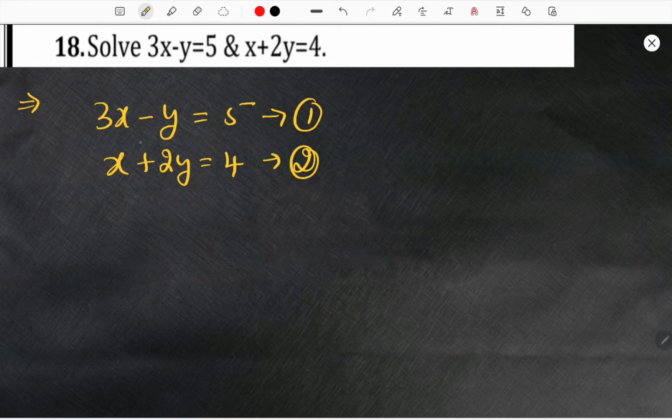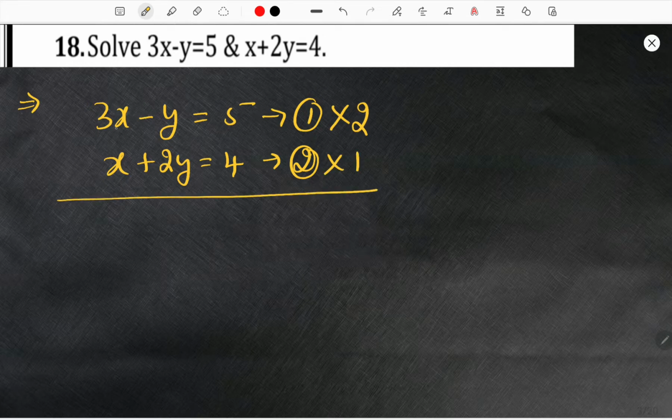Here 3x is there, here x is there, you can multiply with 3 and you can multiply with 1. Otherwise y is there and 2y is there, you can multiply with 2 also. So look at this, if you multiply with 2, y into 2 becomes 2y, and here you can multiply with 1.